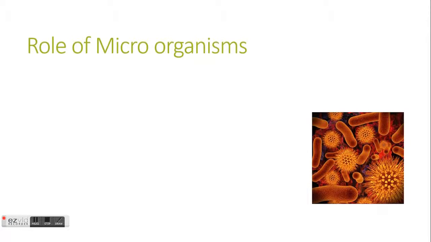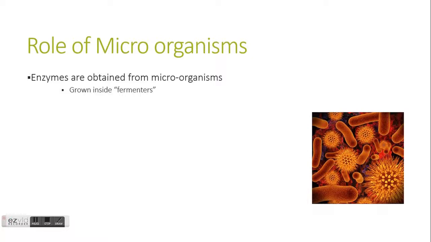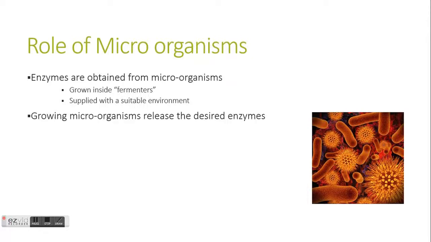Role of microorganisms. Enzymes are obtained from microorganisms by being grown inside large containers, also called fermenters, in which they are supplied with a suitable environment which may contain a desirable temperature, pH, and nutrients for the microorganism to grow.